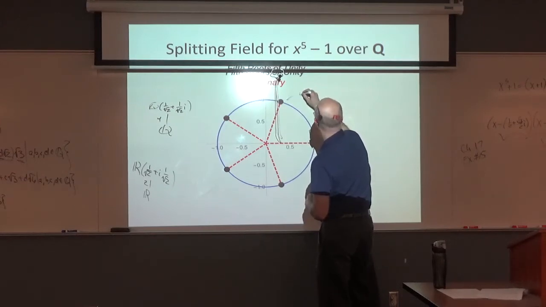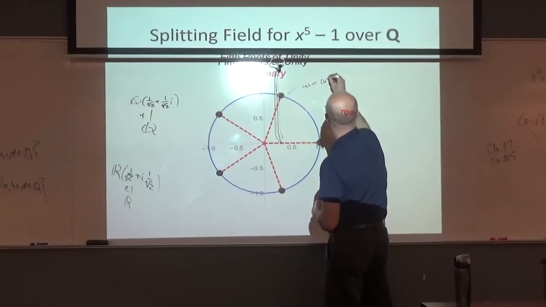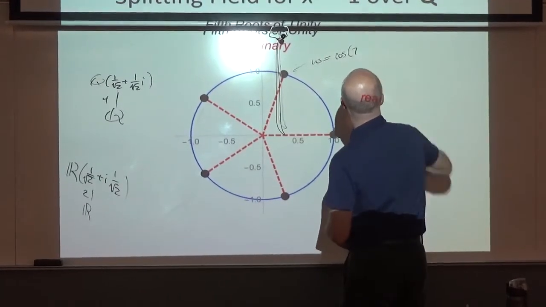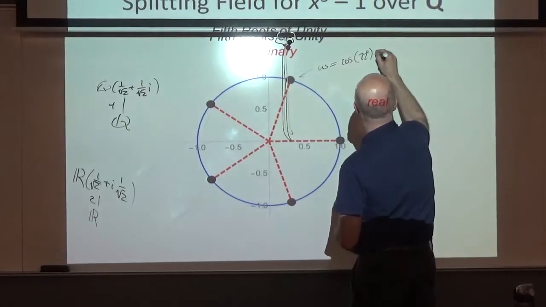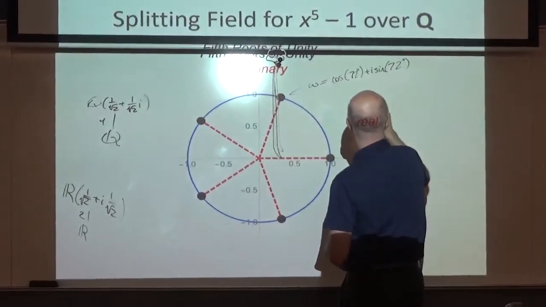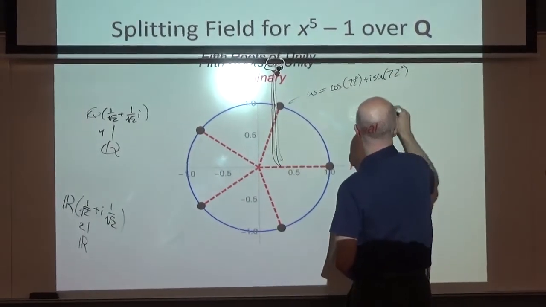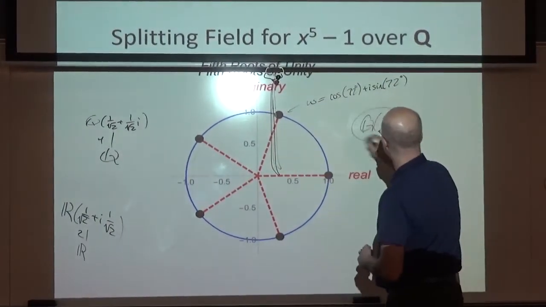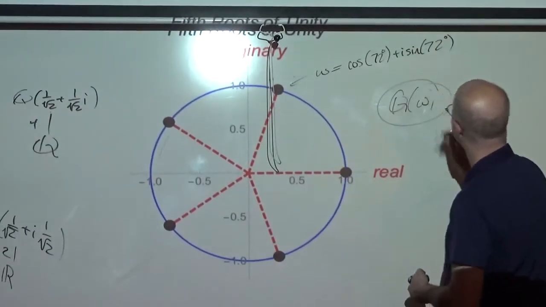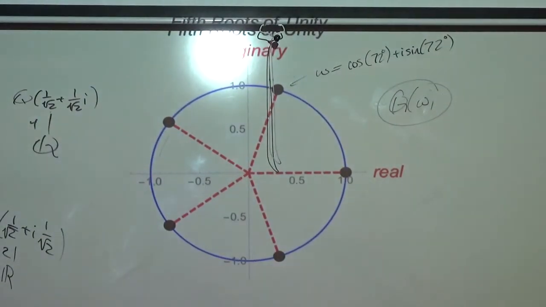Let's call it omega, cosine of 72 degrees plus i sine 72 degrees. It's going to turn out the answer can be written as Q of omega. That's not too hard to prove. Q adjoin omega will contain the other 3 fifth roots of unity.